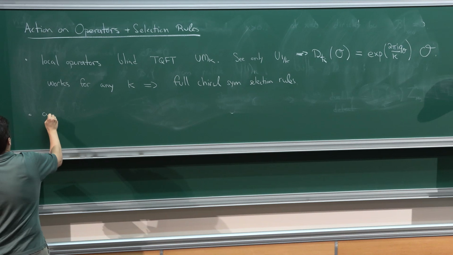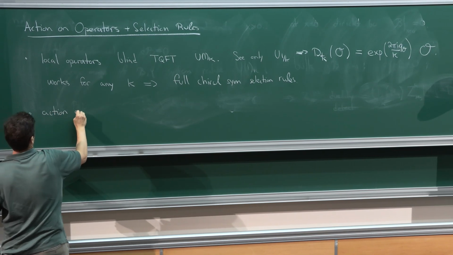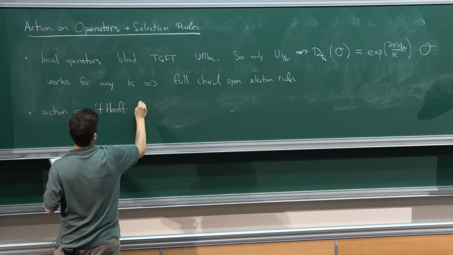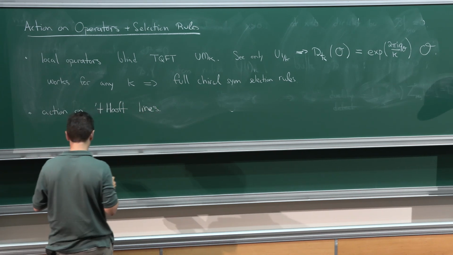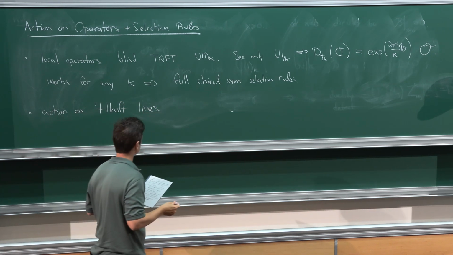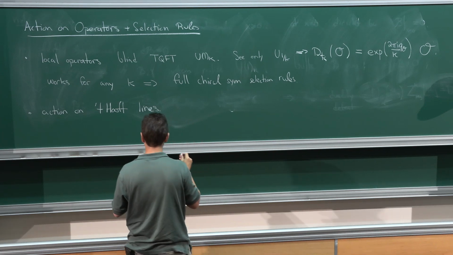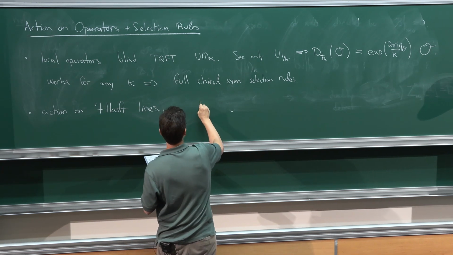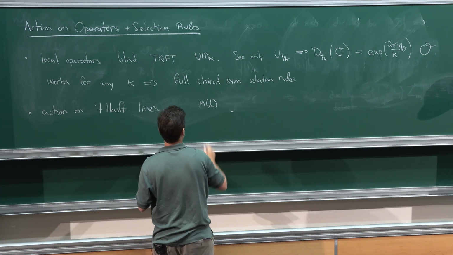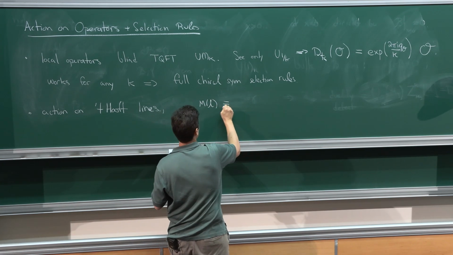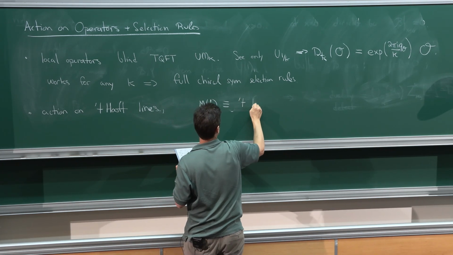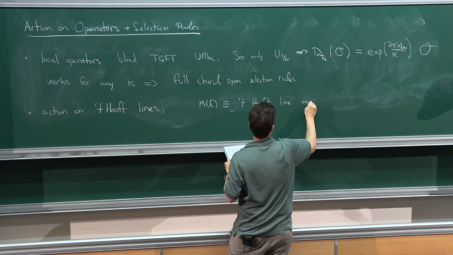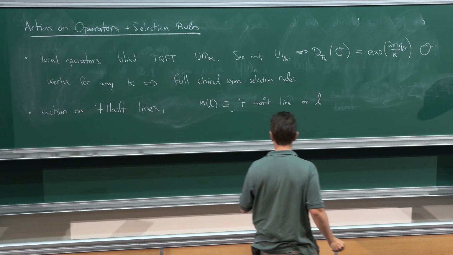So now let's talk about the action on 't Hooft lines. This will be more interesting. Let me give some notation. M of L, this will be our 't Hooft line. On L, we've seen this a number of times.